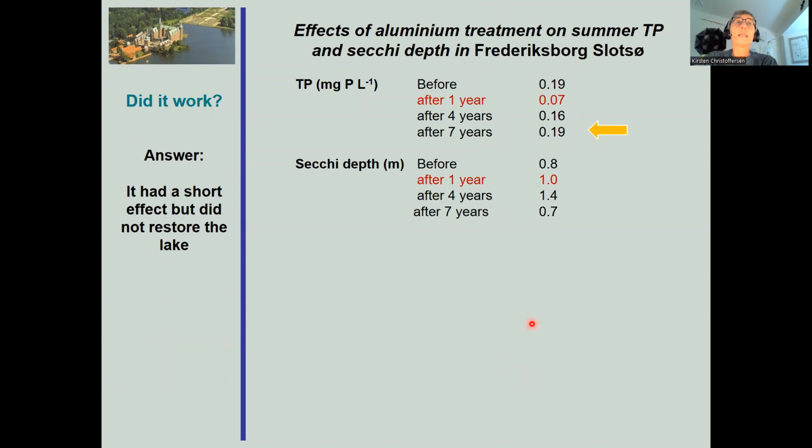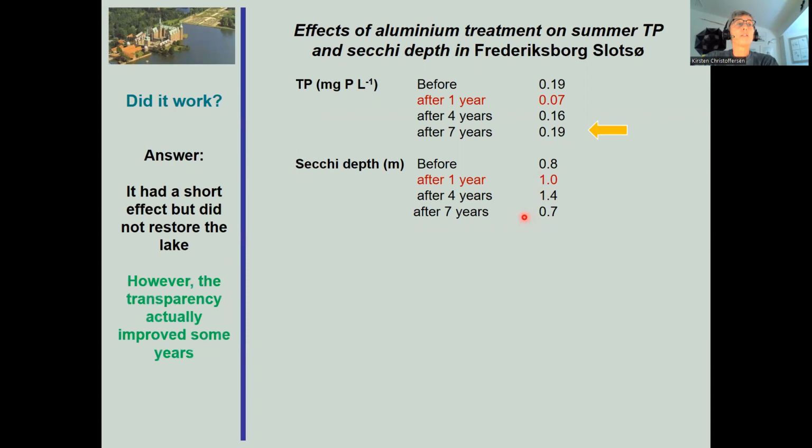Well, not really, because if you look at this one here, this is TP before, 1 year after, 4 years after, and 7 years after. When we come back 7 years after, we are actually where we started. And that, of course, is the same for the secchi depth. The secchi depth was 0.8 before, and it actually went up to 1.4 in the few years after the treatment, but then it went back.